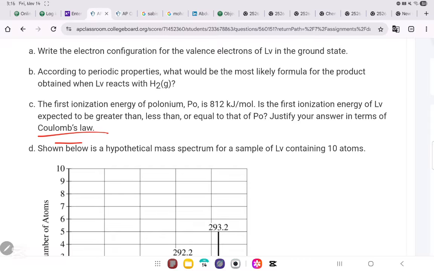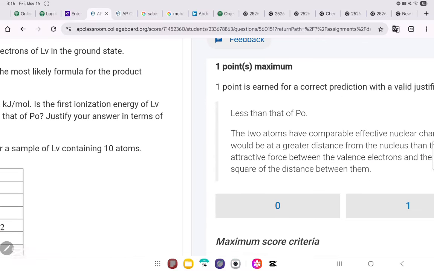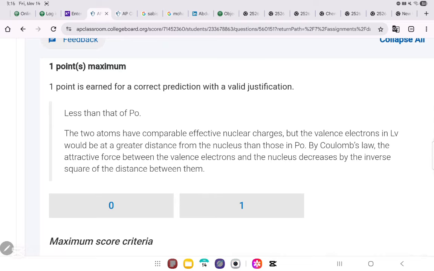Now, if we look at the answer key, this is exactly how they want us to say it. The two atoms have comparable effective nuclear charges, but the valence electrons in Lv would be at a greater distance from the nucleus than those in Po. By Coulomb's law, the attractive forces between the valence electrons and the nucleus decrease by the inverse square of the distance between them. So what they are basically saying is that although nuclear charge increases, of course you need to write increases, not the arrow up, let me just write that.